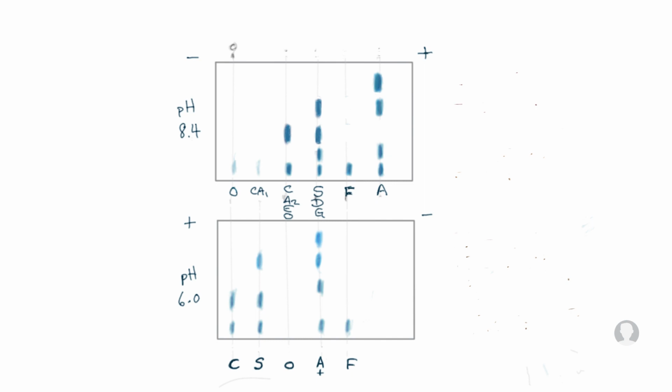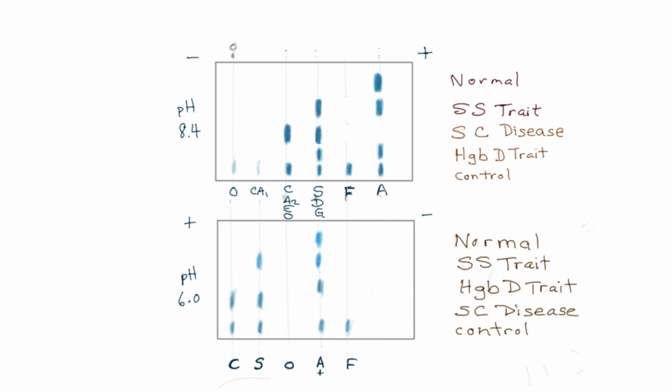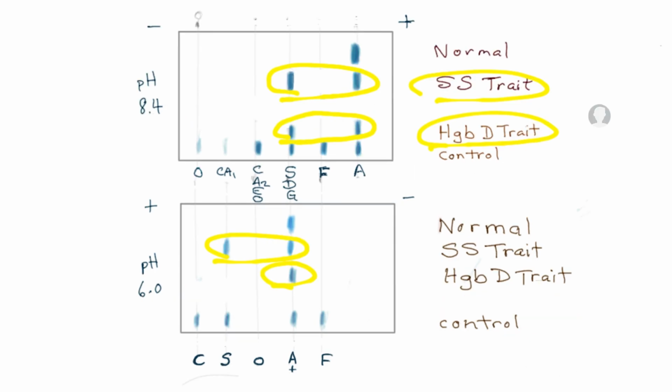So what is your interpretation shown here on these electrophoresis? We observe that hemoglobin A and S is seen in the sickle cell trait, but look at hemoglobin D trait. It shows the same pattern. But at pH 6.0, we can see that they are different.